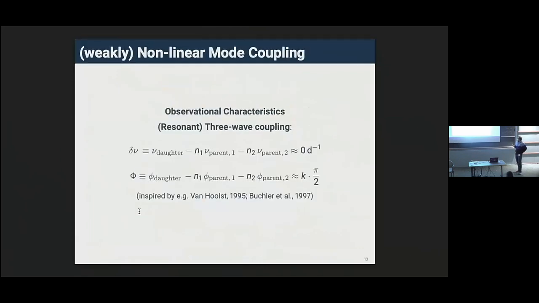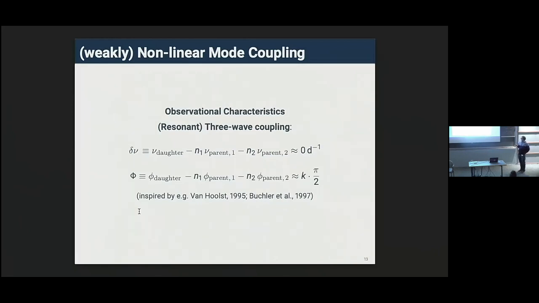Now, of course, we want to talk about weakly nonlinear mode coupling. We want to talk about nonlinear mode coupling, but I'll limit myself to weakly nonlinear mode coupling. And we want to know what the observational characteristics are of these resonant three-wave couplings. So one of these is the frequency detuning.